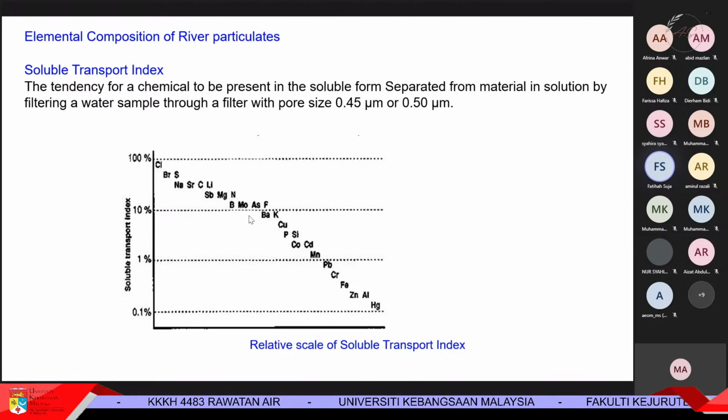So domestic, livestock, the only activity that will not contaminate the water body is hydroelectric power generation. That's why it is a very green energy if you can have hydroelectric power generation. Okay.